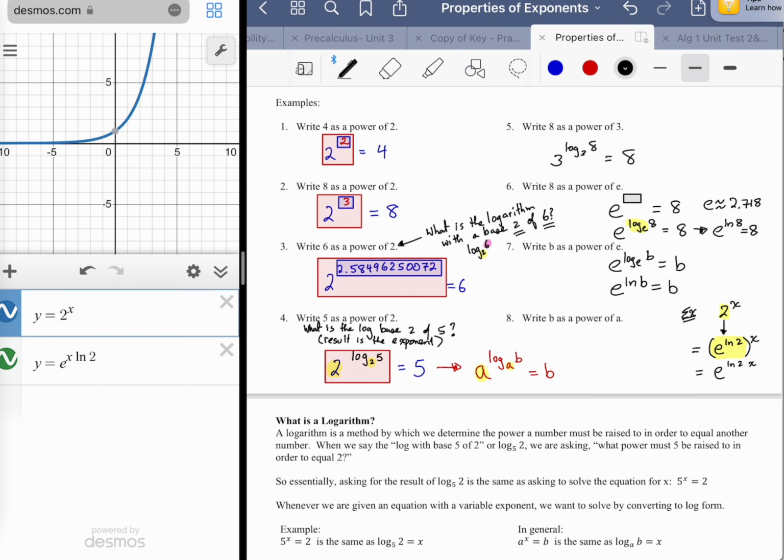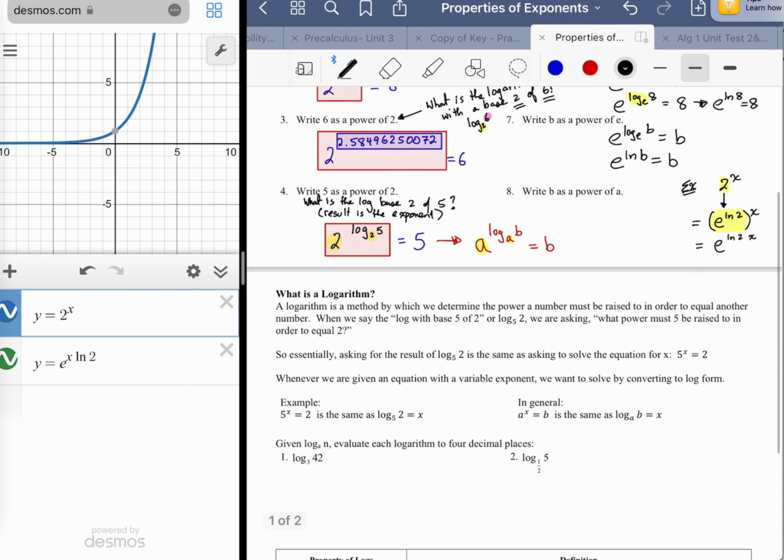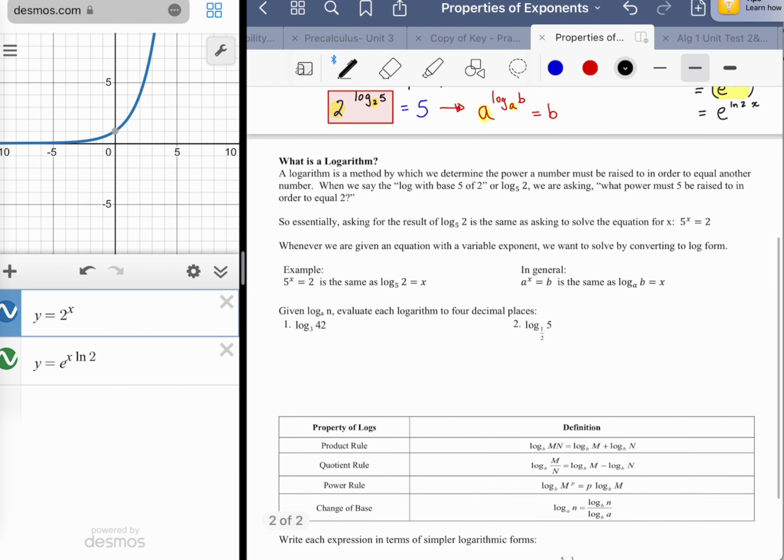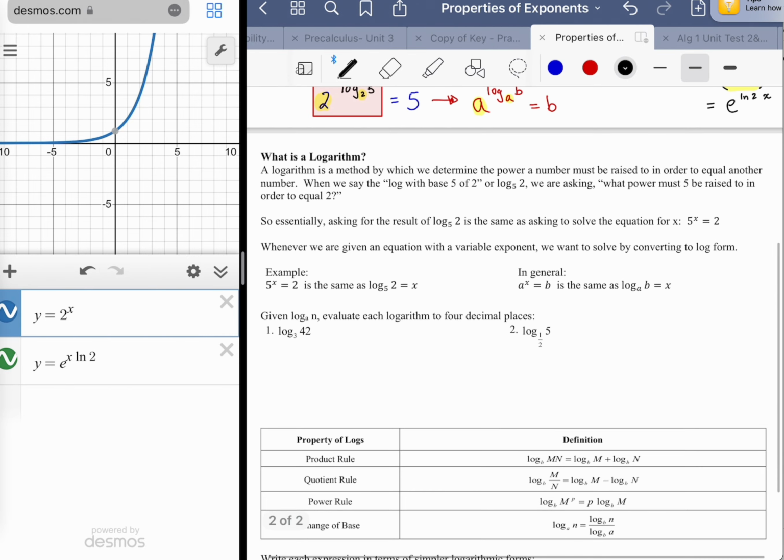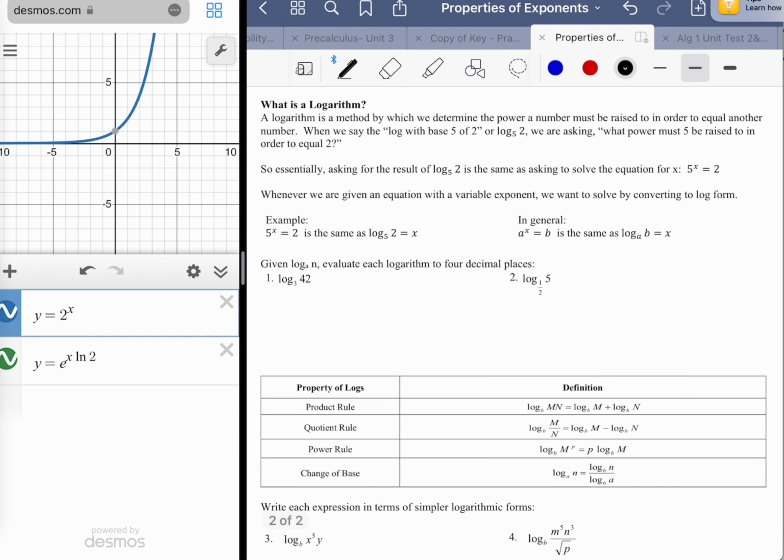All right. Hopefully you're finding some value in what I'm sharing with you, because honestly, I made it all the way to, I would say, probably my 5th year of teaching before I truly understood what a logarithm was. All right, so that puts things in perspective.